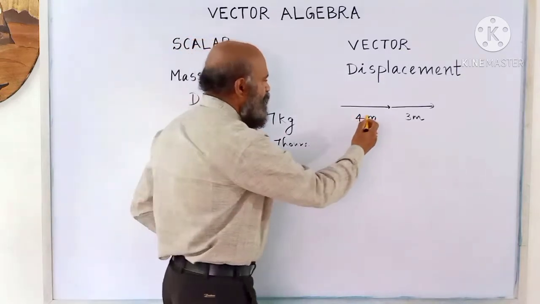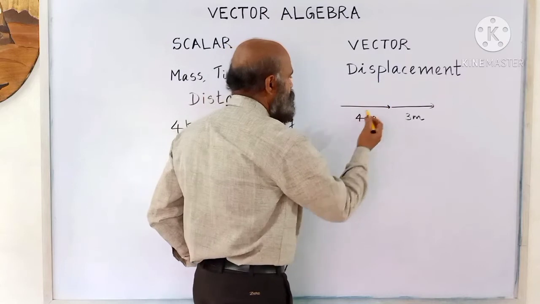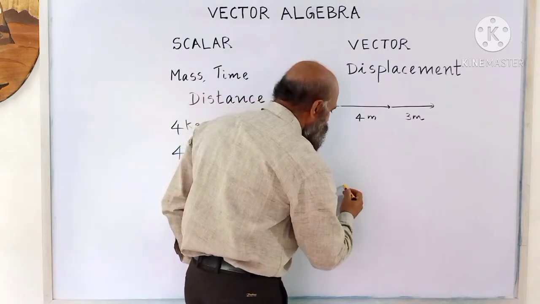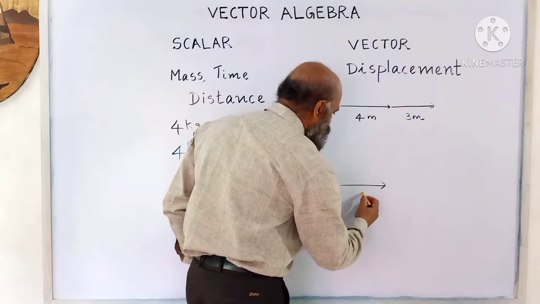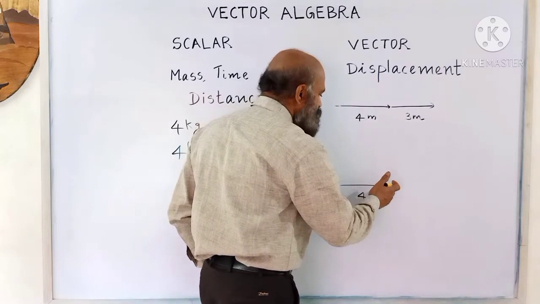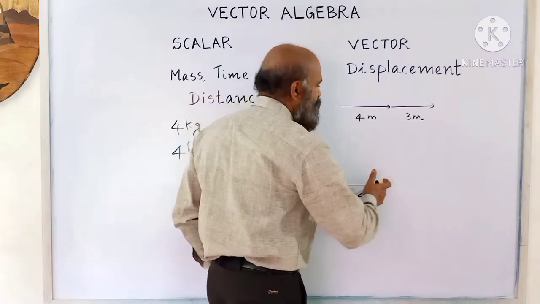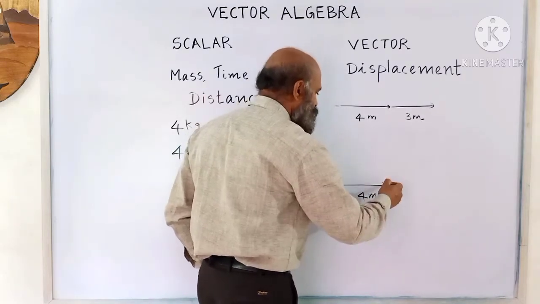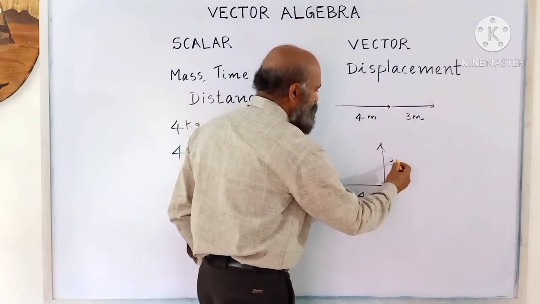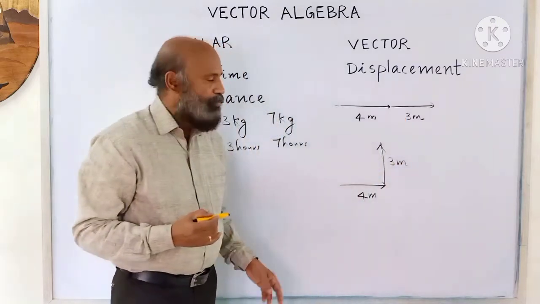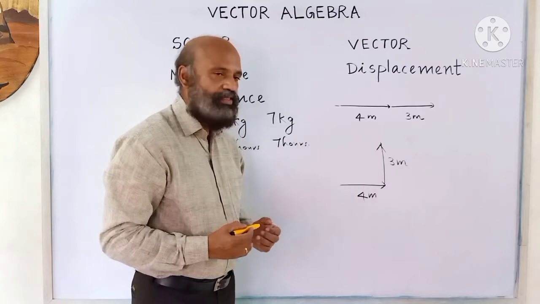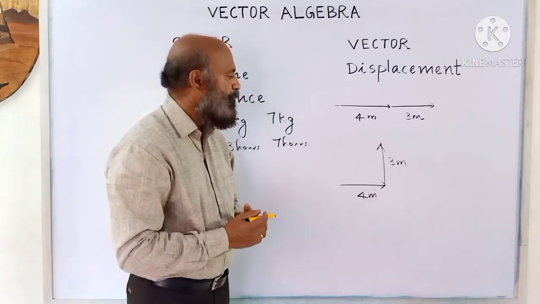Suppose you change the direction after walking 4 meter. Then again, instead of going in the straight line, you walk in another direction 3 meter. So now distance is 7 meter, but displacement is not 7 meter.